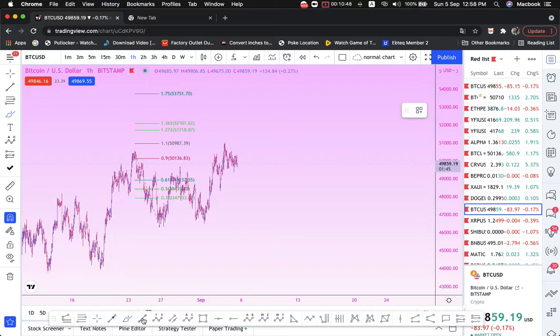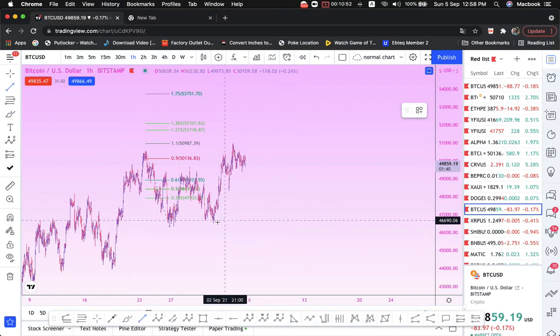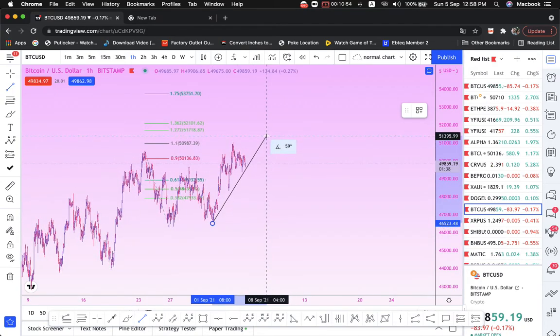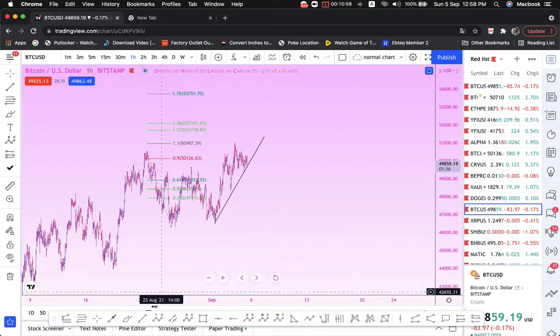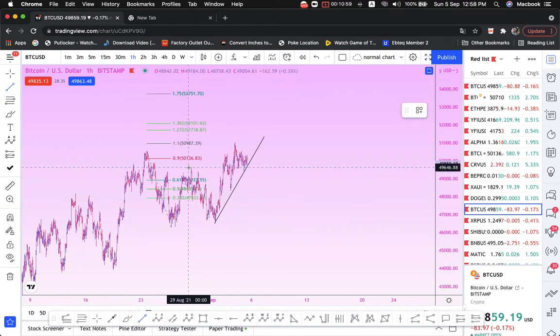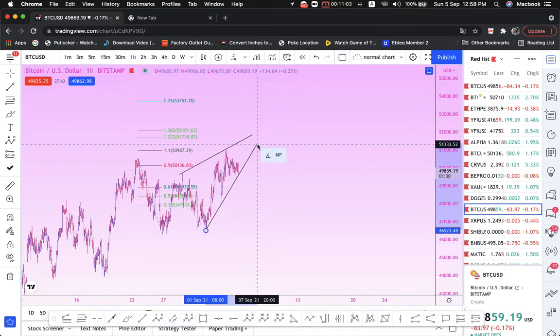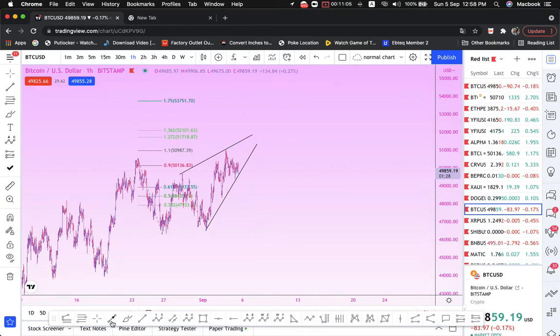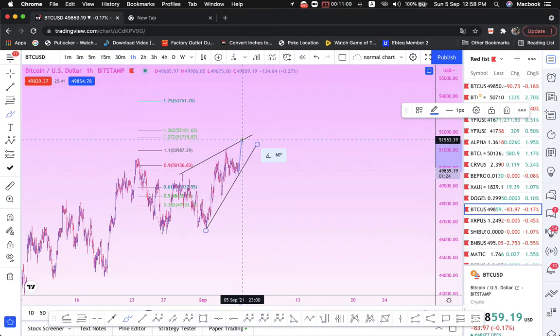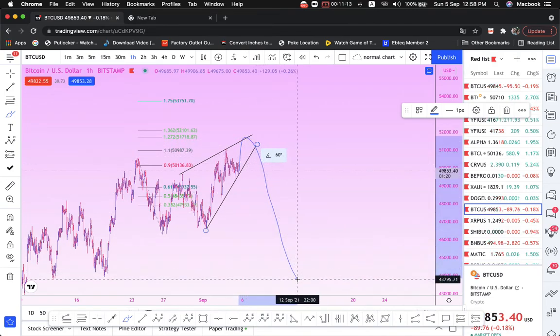which means that, let me remove that. Expecting a wedge here, like that. So I'm expecting another push up here, hit the 1.272 before coming down.